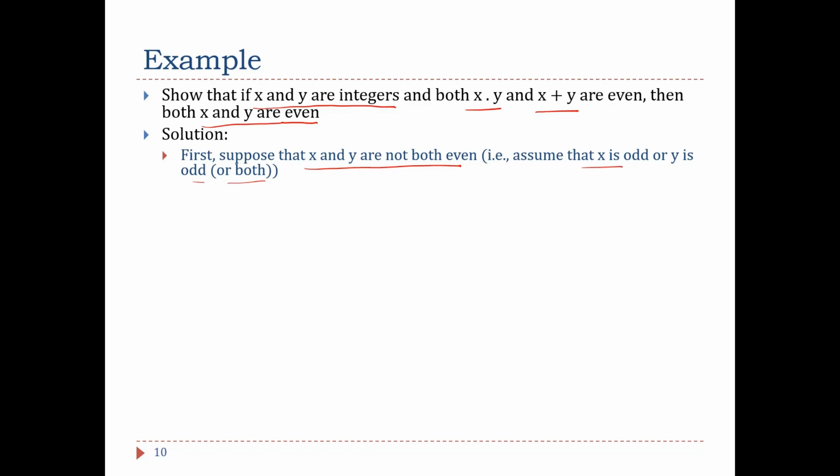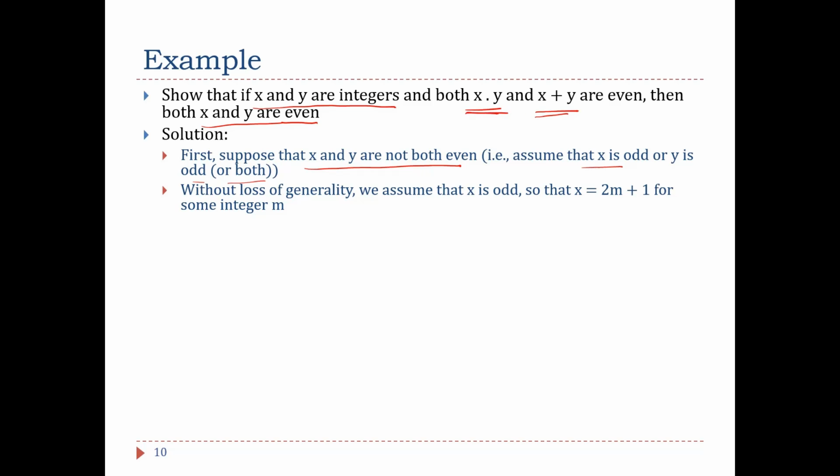And we can show afterwards that it's not the case that x times y and x plus y are even. So the negation of this is x times y or x plus y is odd. Either x times y is odd or x plus y is odd.